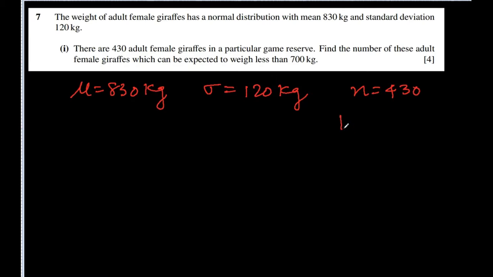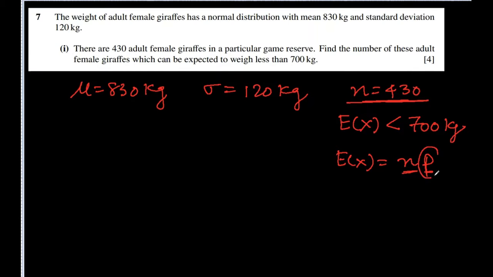Okay, so they want the expected value of those weighing less than 700 kg. Now we know that the expected value is equal to np, the number in the sample multiplied by the probability of the criteria. So n we already have, probability we don't have.